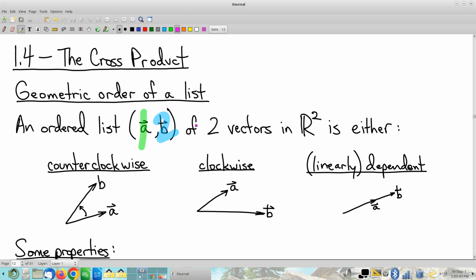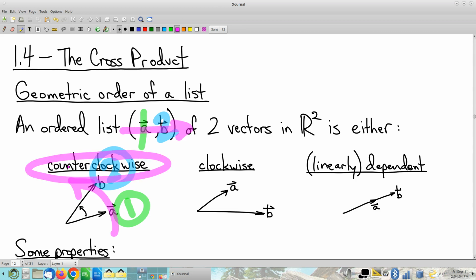And specifically, notice that whichever vector you've written first, whichever vector you've written second, right? If A is first and B is second, then if you will, the process of starting with the first and going to the second is intrinsically counterclockwise here, as I have those vectors drawn on the left. Everybody see what I mean? Counterclockwise.